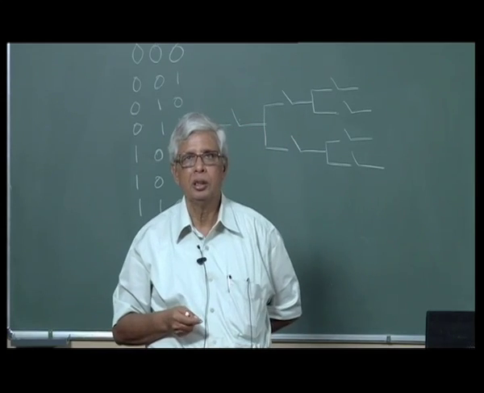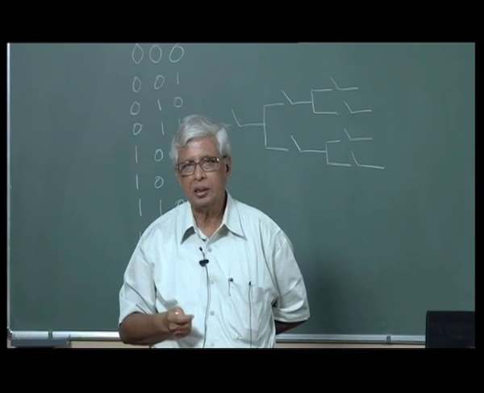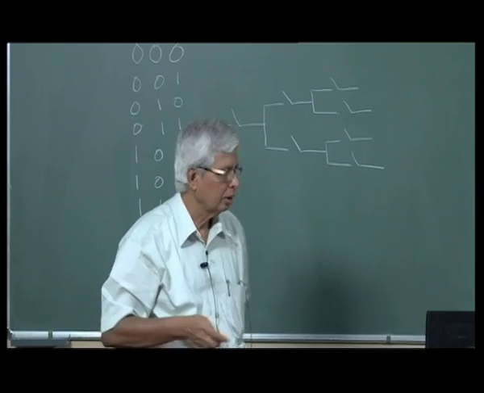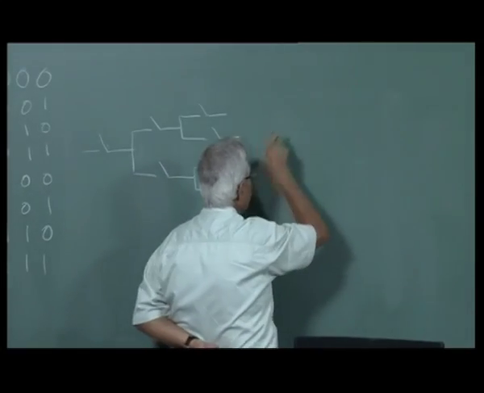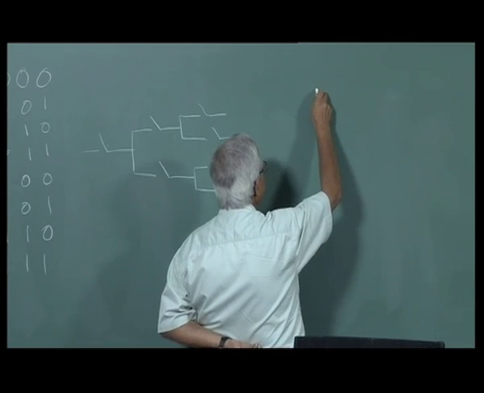We also talked about complement numbers. I told you what is 1's complement, 2's complement. So any number can be represented in different forms. The first is unsigned numbers.